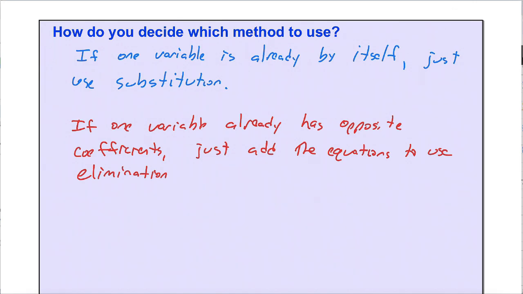And then if it's not obvious, if one of those 2 methods is not obvious to choose, your job is to decide which is easier.